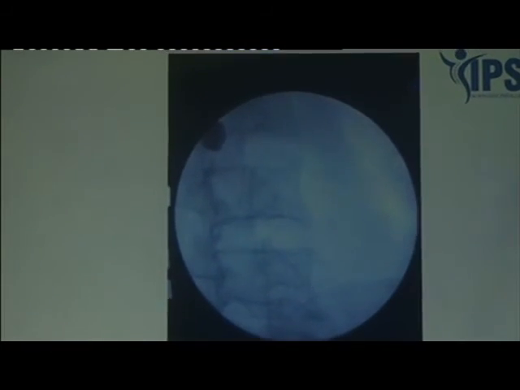And now you can see the intervertebral disc is over here. So that's the intervertebral space, center of the vertebral body. Now we reach our second step.